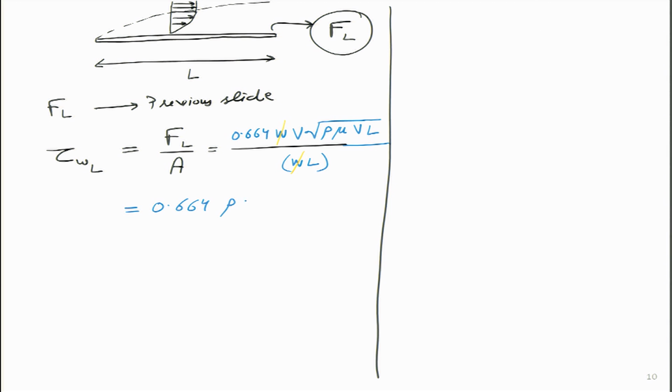0.664 rho mu V, and L appears in the denominator over here. Can I write it in terms of half rho V square, because shear stress for fluids is generally written in terms of half rho V square?